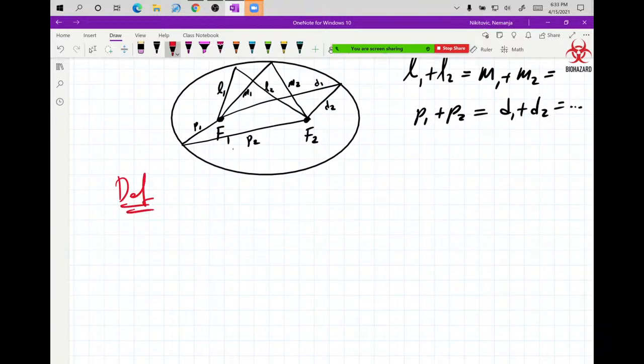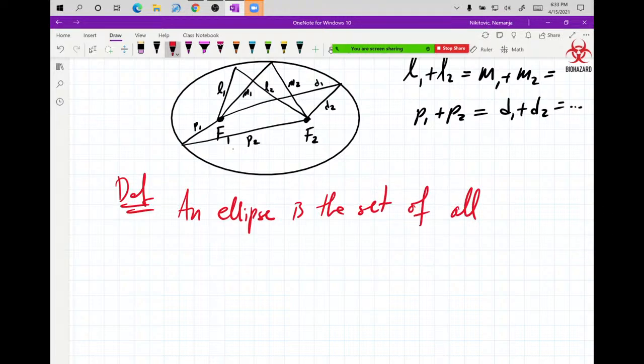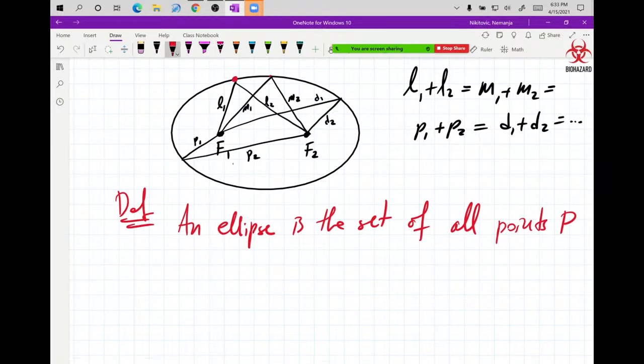which says an ellipse is the set of all points P. Now, guys, that will be these guys.